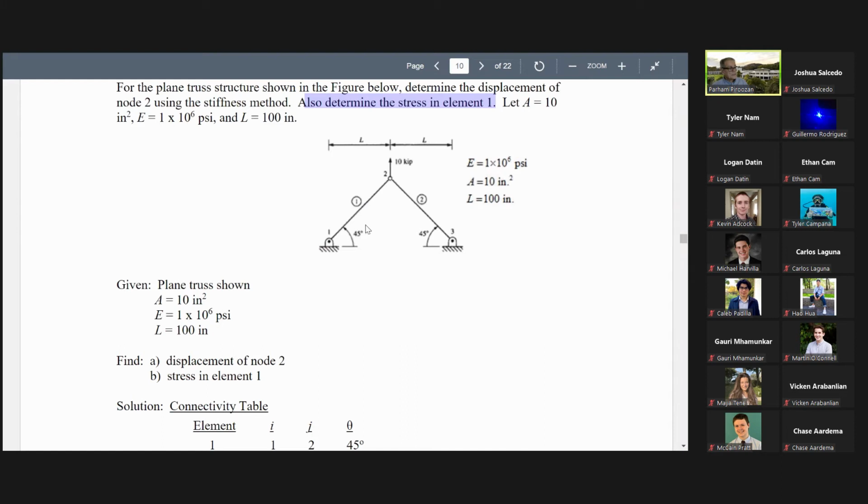Theta is 45 degrees because our local is from 1 to 2 and this is global. So from global to positive local, this is 45 degrees. So the connectivity table: element 1, node 1 to 2, angle theta. Do this for element 2. Complete this connectivity table.